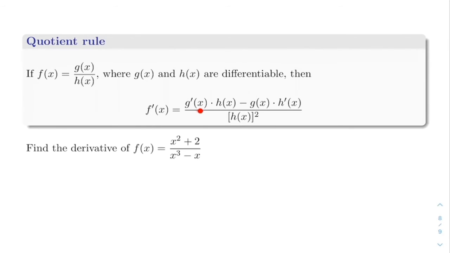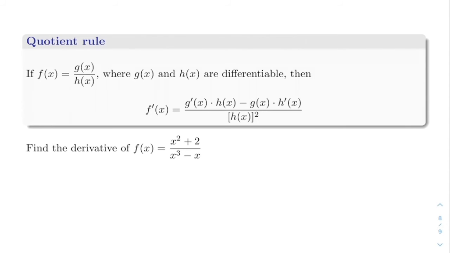This will be the derivative of the function on the numerator times the function on the denominator minus, and careful with this minus sign, this is important, minus the function on the numerator times the derivative of the function on the denominator. And all of that will be divided by the function on the denominator squared.